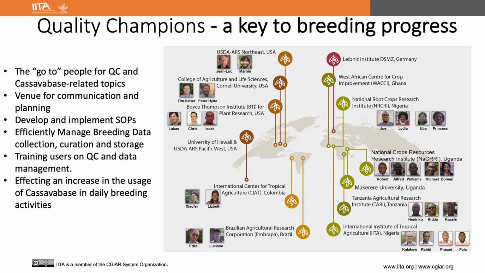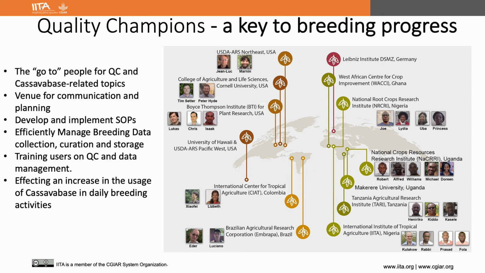Under the NextGen Cassava project, we have created a quality champs team who are go-to people for quality control and CassavaBase related topics. These are quality leads and champs representing different breeding programs. They bring good diversity, with people from different disciplines like research, flowering, database development, genomics, and breeding.